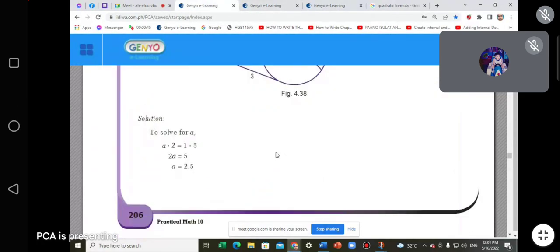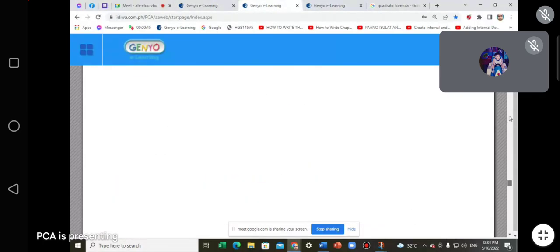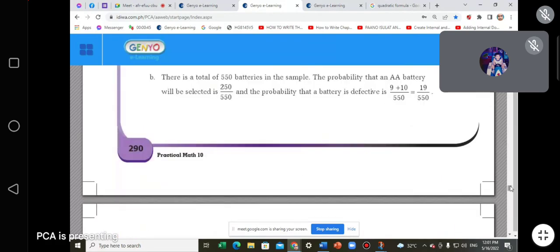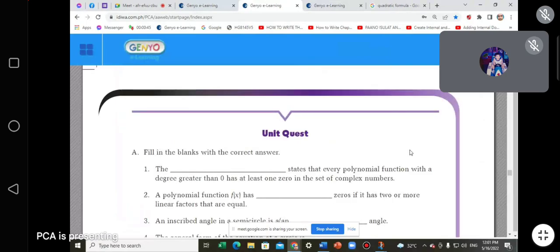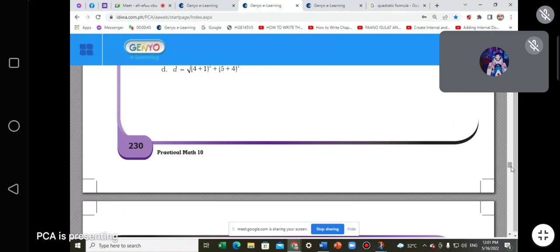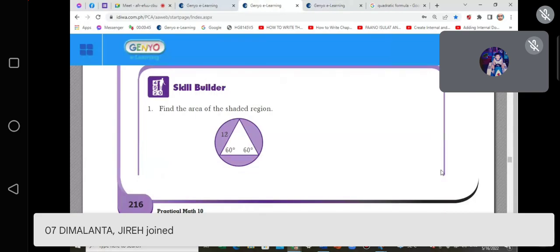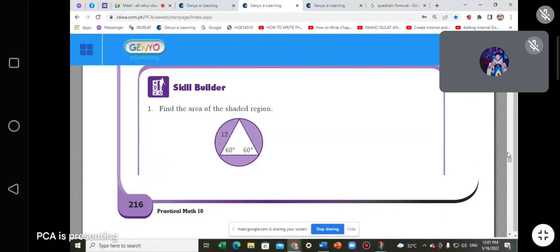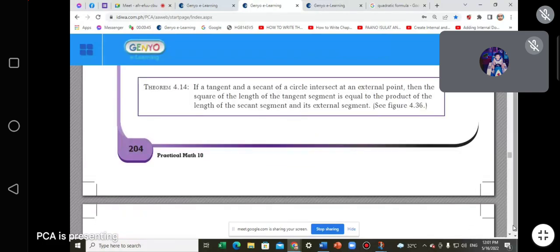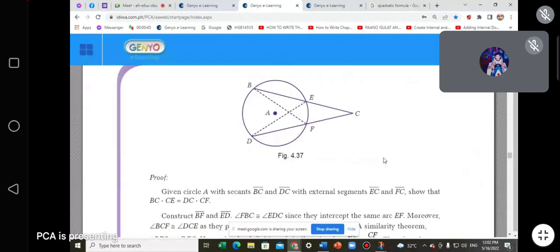What page is that? It's 206. Okay. I'm opening these two so that you're not confused. So let's have this one.